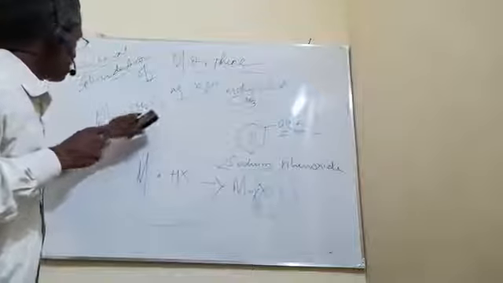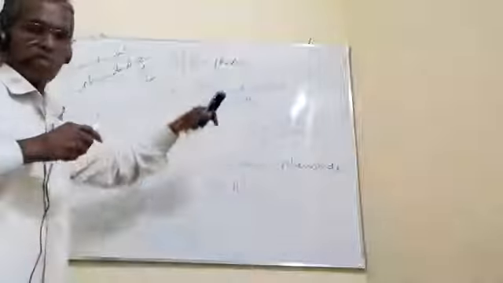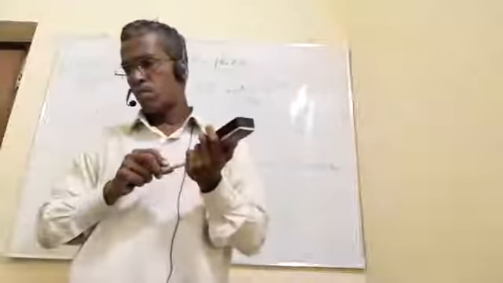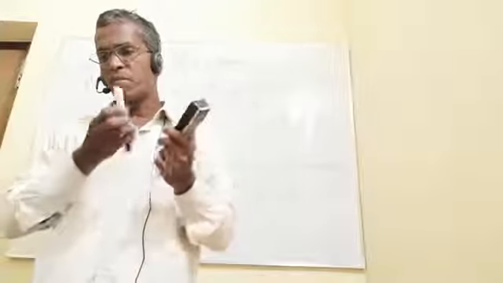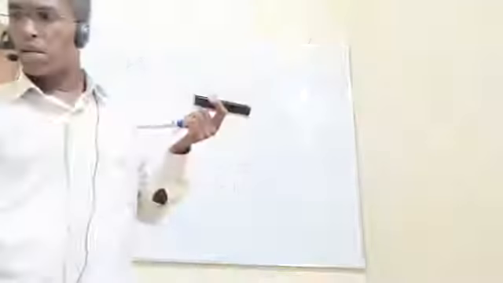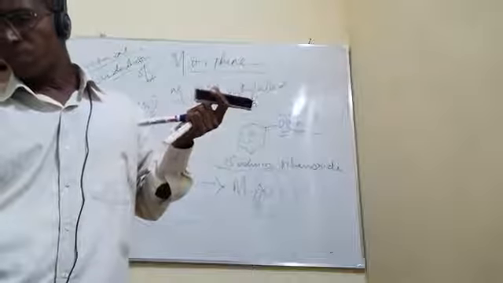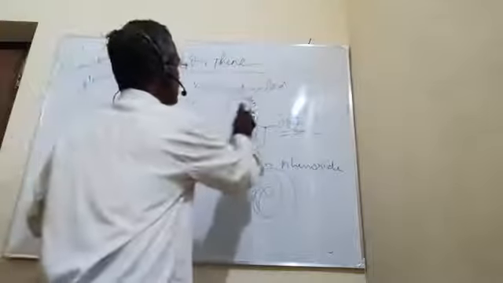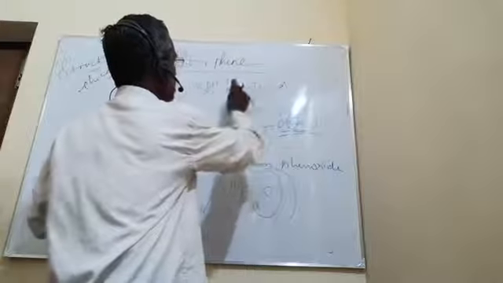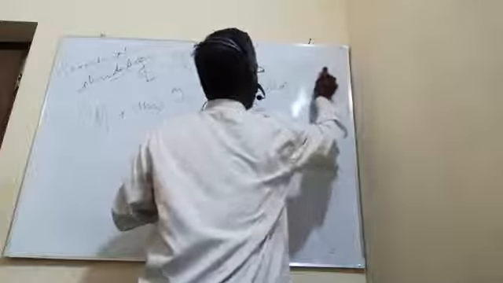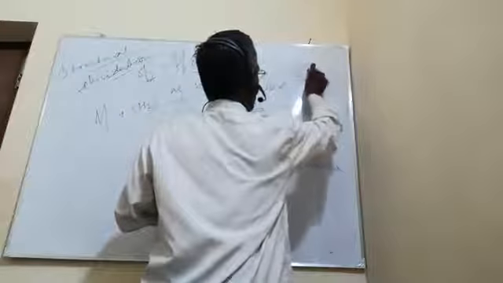You are treating morphine with methyl iodide in the presence of aqueous sodium hydroxide. This ultimately gives methyl morphine, that is, morphine is methylated to give codeine. One methyl is introduced into morphine. You just recollect in your memory the structure of codeine. In the codeine, what we have seen is this.